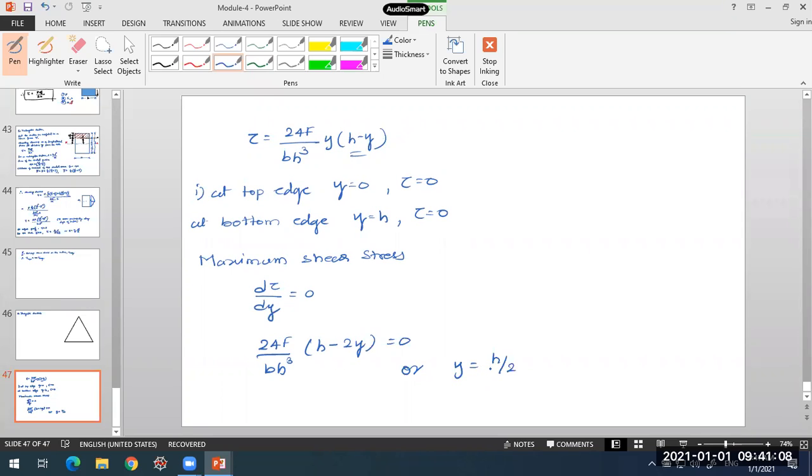Y equal to H by 2. Differentiation, correct. Y equal to H by 2.